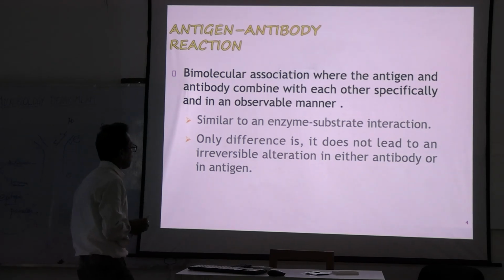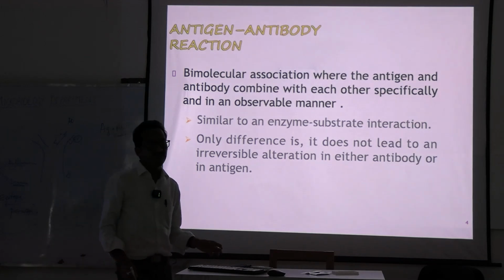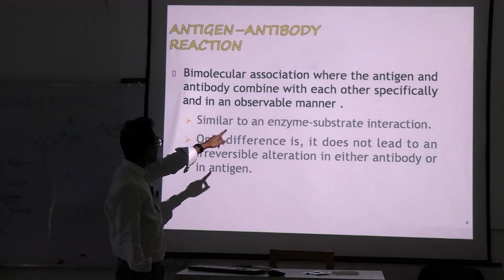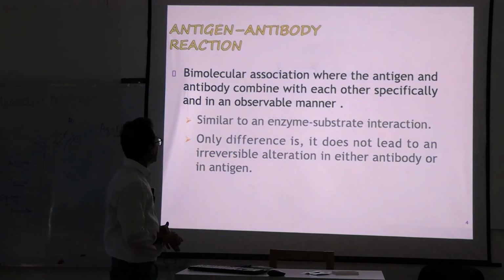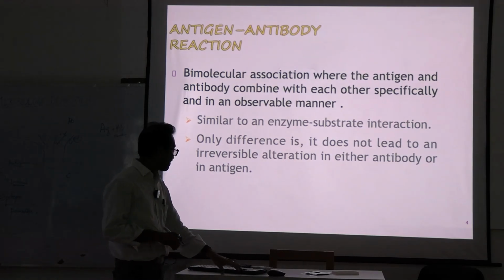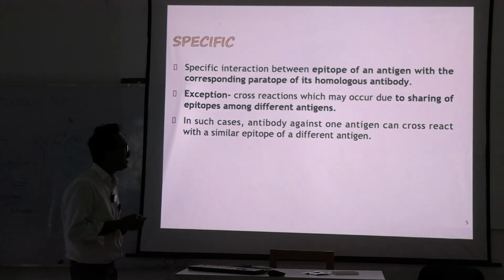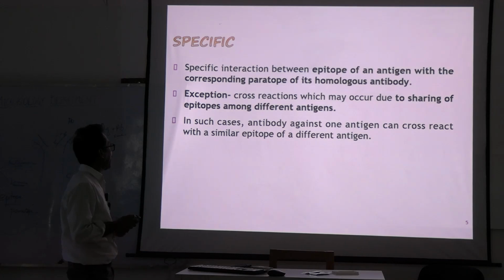So what type of bond is between antigen and antibody? Can anybody say? It is not an irreversible reaction. So first point, it is very specific and in an observable manner. It is specific between an epitope of the antigen and the corresponding paratope of the homologous antibody.